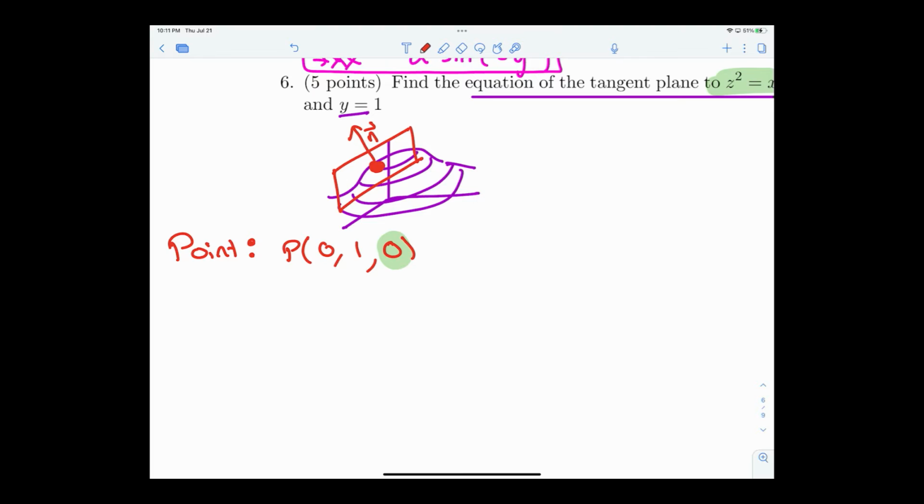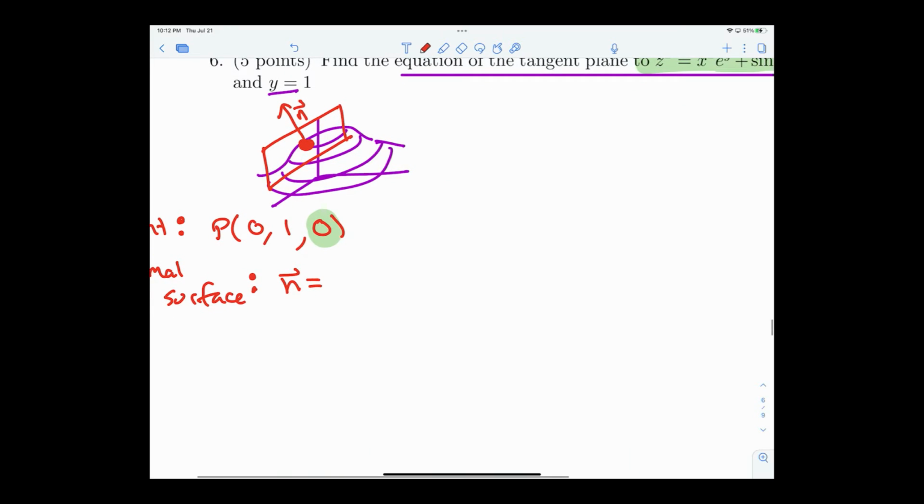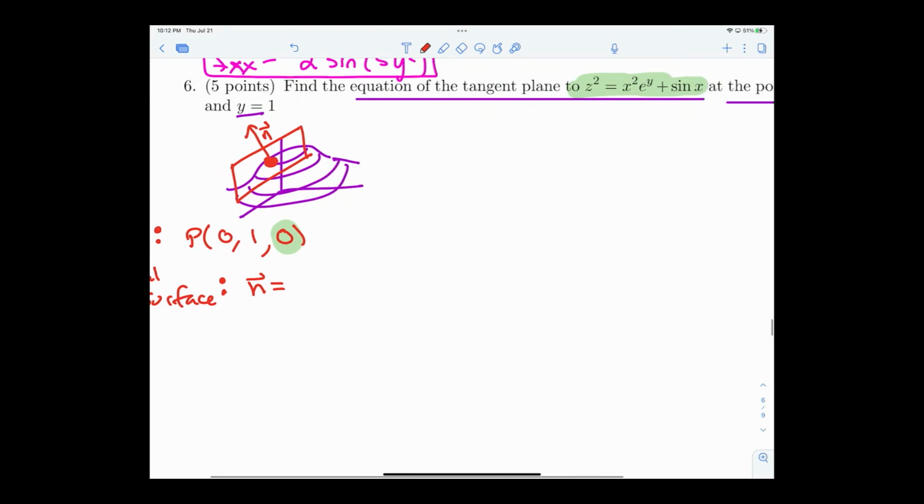Now, the other thing we need is a direction vector, a normal to the surface. We'll call it n, and it will be the gradient evaluated at the point that we care about.